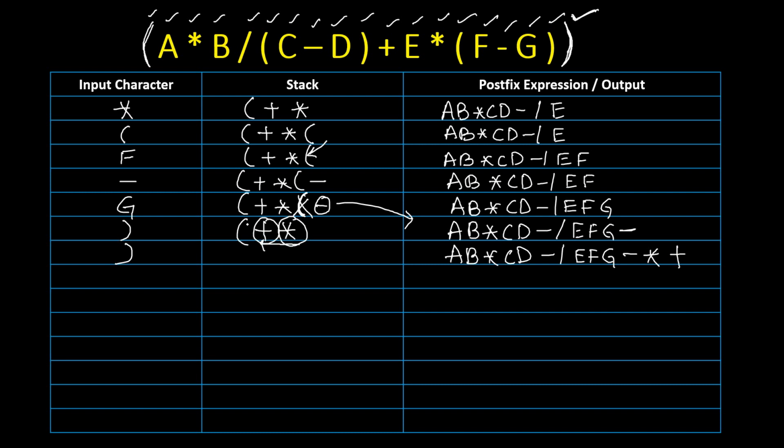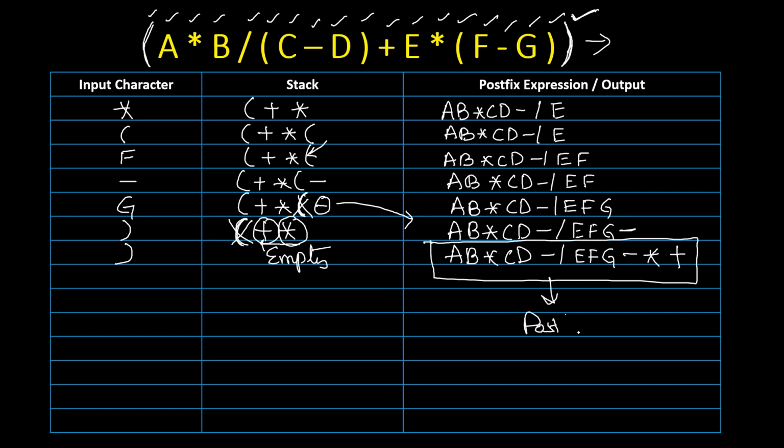Once you encounter the left parenthesis, you just remove this left parenthesis from the stack, and the stack will become empty. Now there are no symbols left here. So that is the end of our process. And finally, whatever expression you have here, this will be the postfix expression.